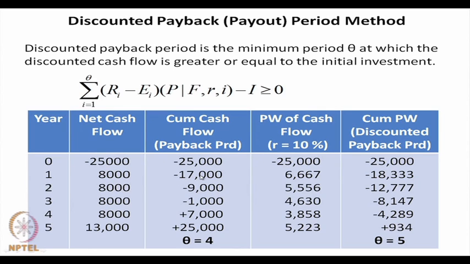Therefore, 17,000 remains unrealized after the end of the first year. After the end of the second year, 17,000 minus 8,000, it is 9,000. After the third year, it is minus 1,000. Only in the fourth year, it becomes positive. Therefore, theta is equal to 4.